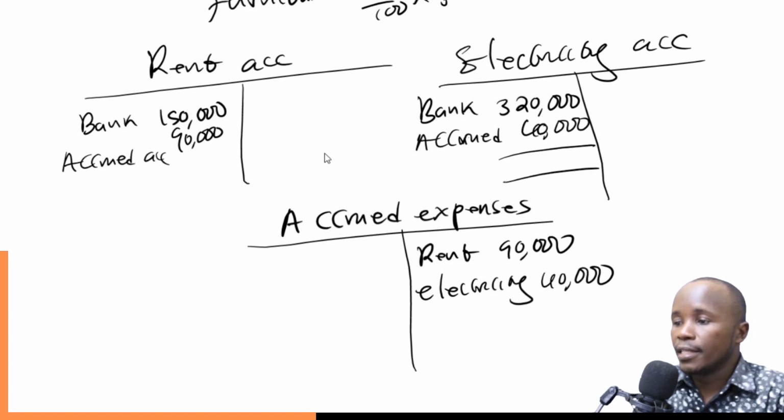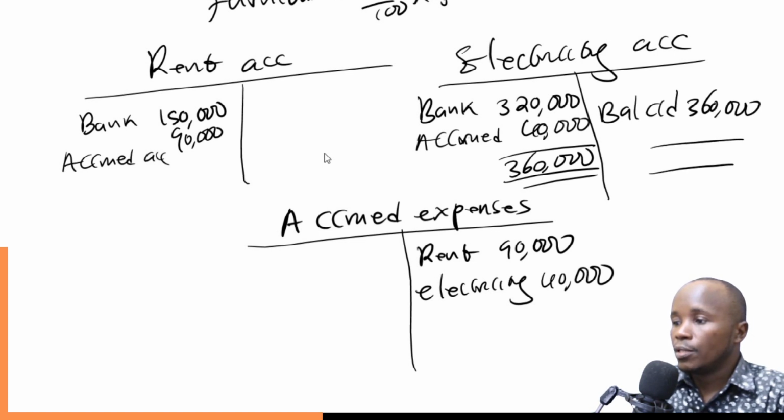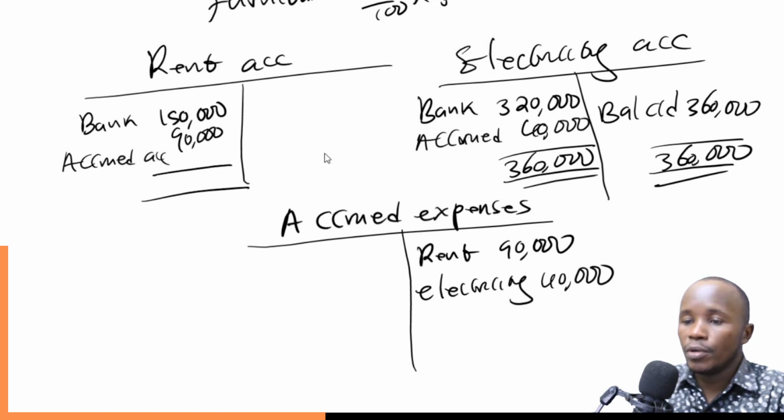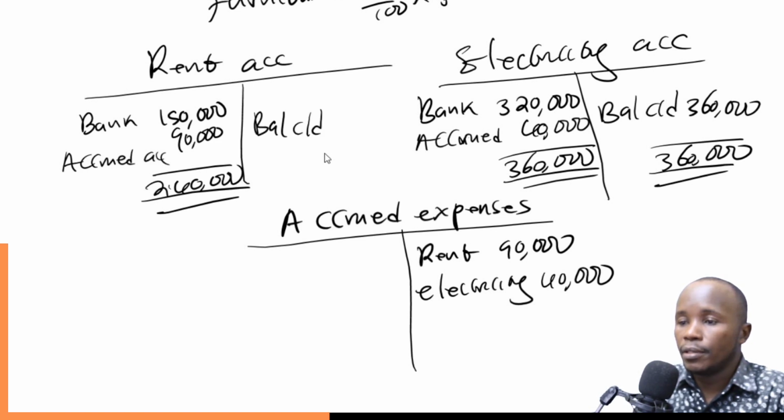So now the balancing figure, which now goes to the income statement, is 360,000. Balance carried down 360,000, and this one is 240,000, and then balance carried down 240,000.